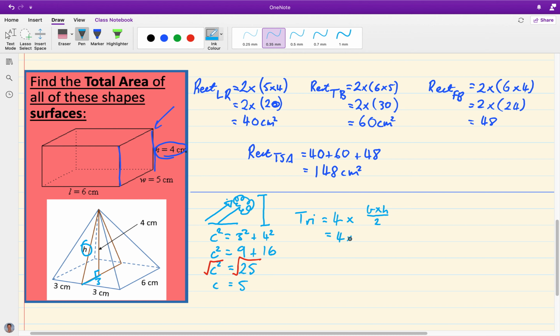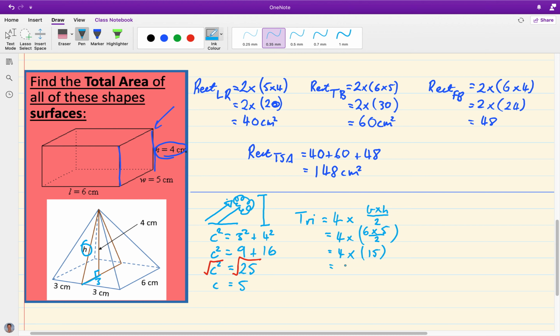So 4 times the base is 6 for those. 6 by 5 is the height. Divide that by 2. So 6 times 5 is 30. Divide that by 2 is 15. So each one of those triangles has an area of 15. 4 times 15 is 60. So we get 60 centimetres squared for that.